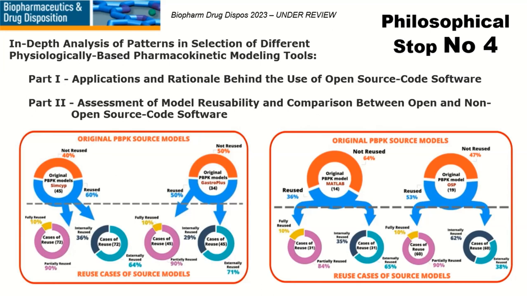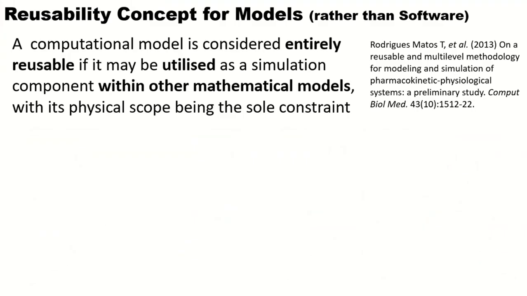You can see the proportions in the case of the non-open source code modality is much higher, and the majority of the reuse of the open source code is what we call internal, which basically means somebody from the original team who developed it was using it. And this is very important.